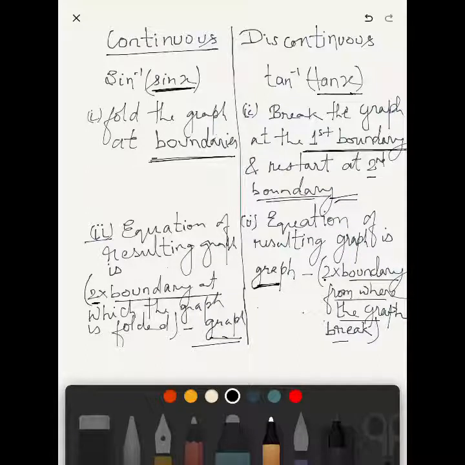From where the graph breaks, we take twice of that boundary and subtract it from the graph. I will solve sine inverse of sin x and tan inverse of tan x. We will see how the graph is folded and how it is broken and shifted to the other boundary.